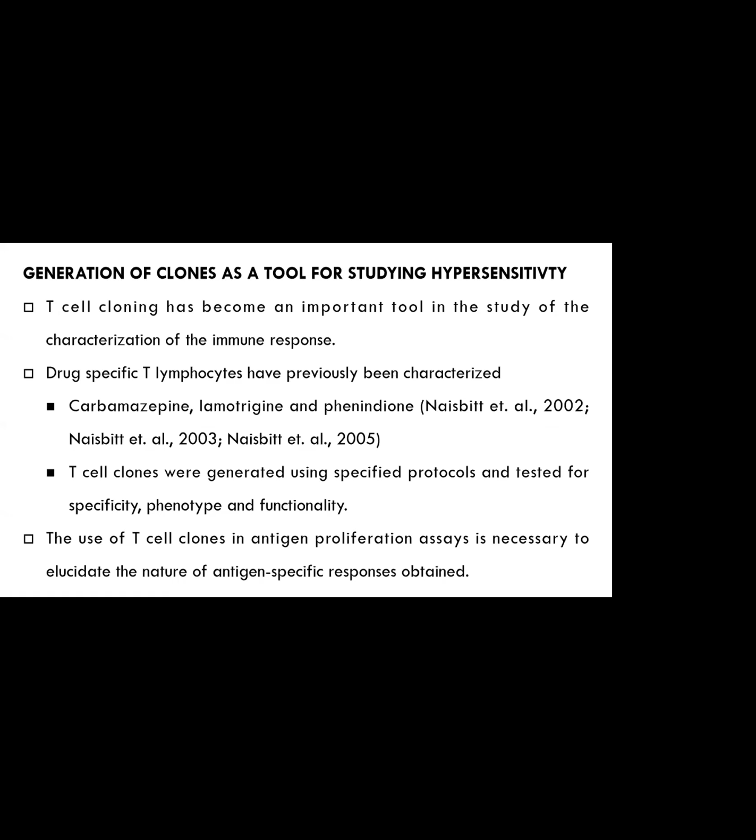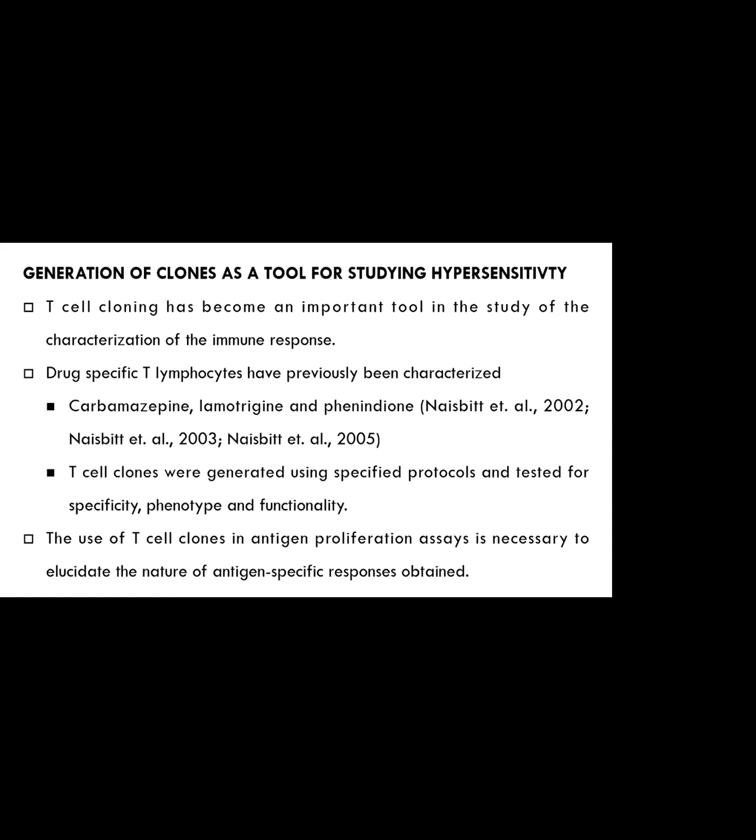Okay. Now, up to now, what was done was that the T cells have previously been characterized. So, for example, if you get a patient that has an adverse drug reaction, the cells are obtained from the particular patient, and once the patient is confirmed to be hypersensitive, each particular cell is cloned.